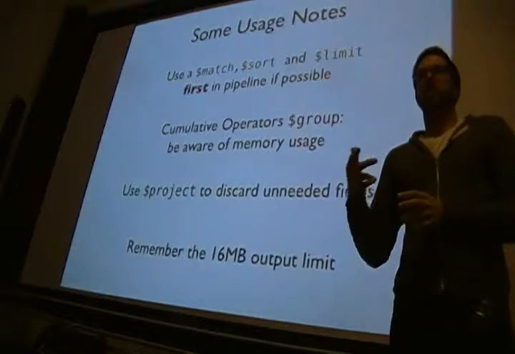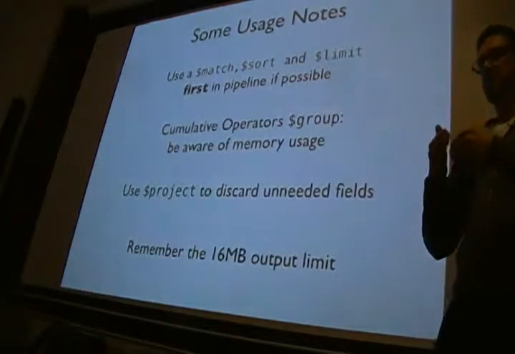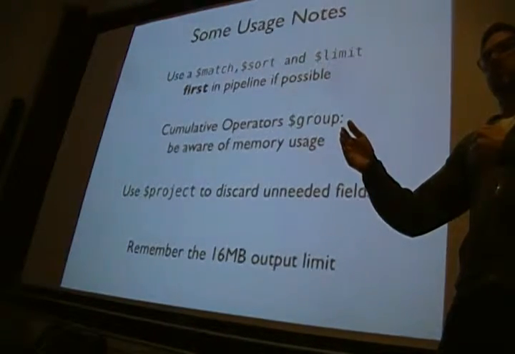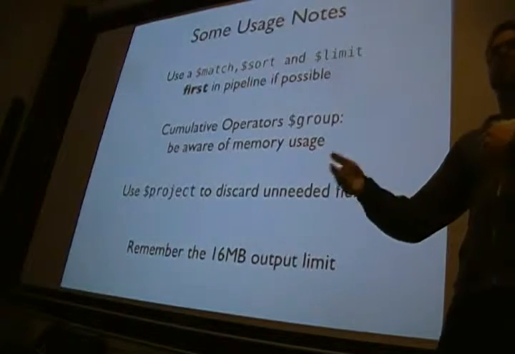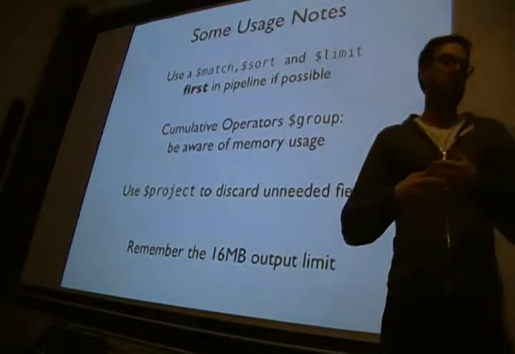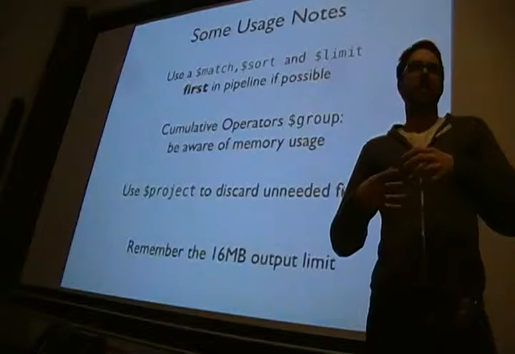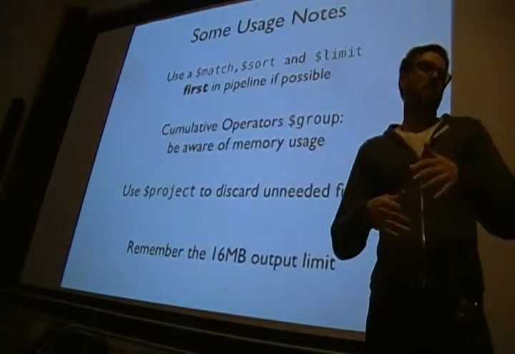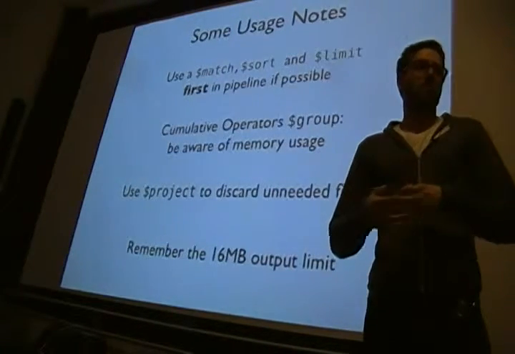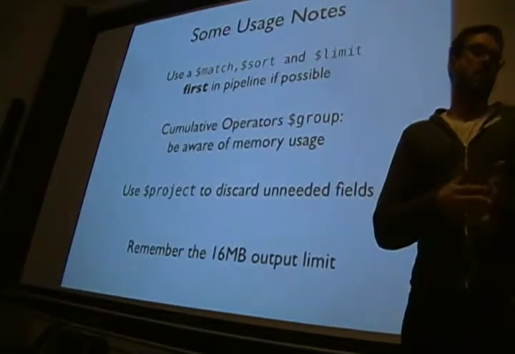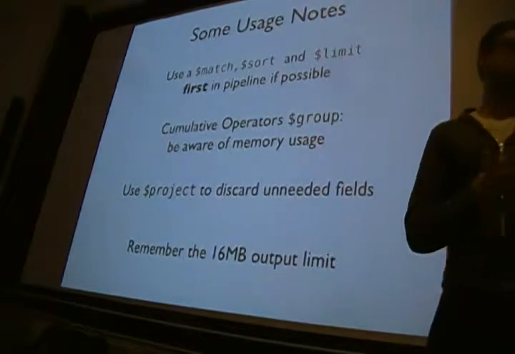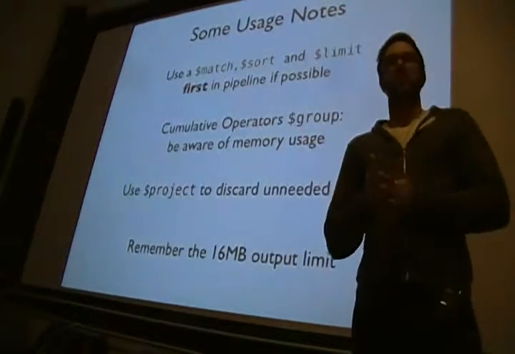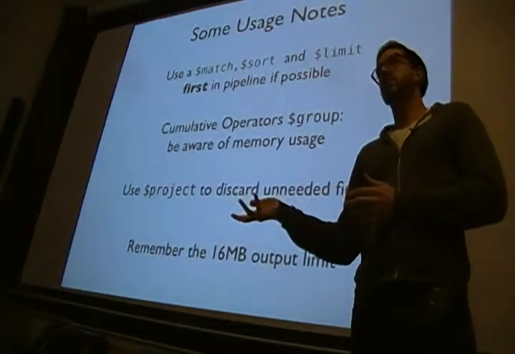Things like the $group operator have to see all the input from their entire pipeline in order to apply the function. So designing your pipeline to use a minimal amount of memory can help the performance quite a bit. Also, as far as performance goes, you can use $project to remove fields that you don't need.